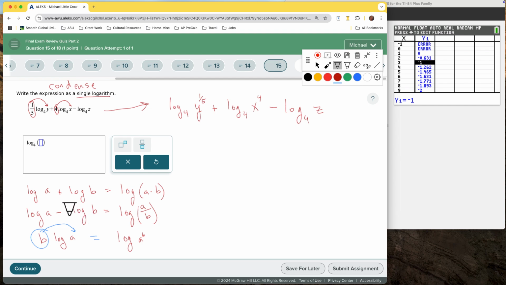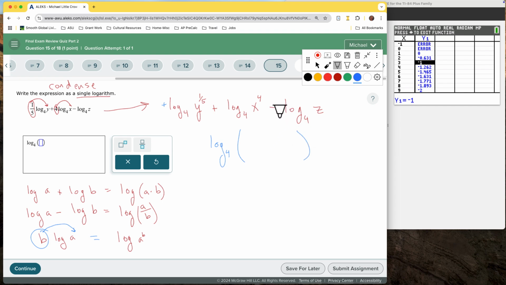And now I'm going to do both of these rules at the same time. Anything that's being added, so anything with a positive, like this leading term, there's no negative here, I'm going to put a plus here to remind myself. Anything with a plus is going to go up in the numerator and be multiplication. I'm ready to condense it all down into a single logarithm, log base 4.